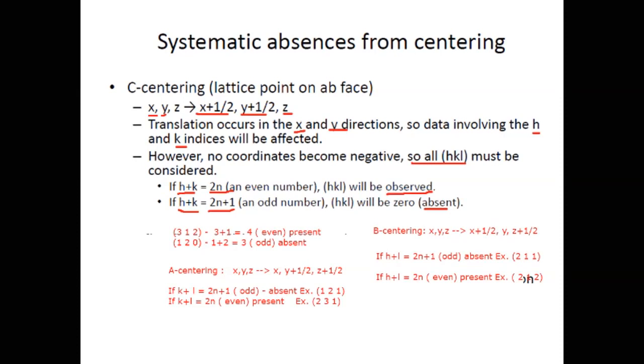So for monoclinic, you would only observe a primitive space group or a C-centered one. So you would look at the H plus K indices and see if the odd are absent. If the odd are absent, this tells you that you have a monoclinic C-centered space group. So that narrows down the possibilities of your space group.